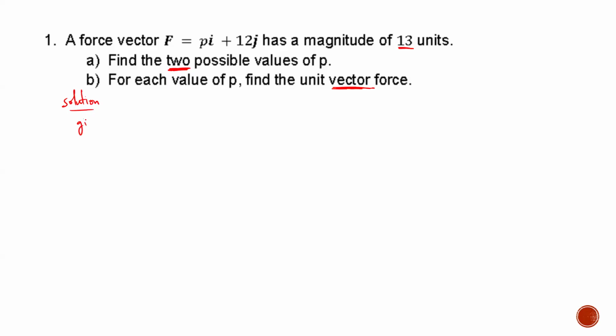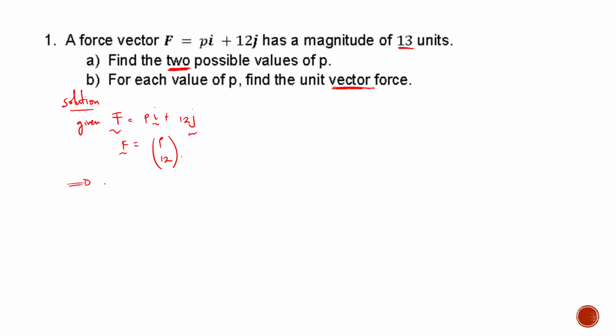We are given that F, our force, is equal to Pi plus 12J. And this can be written as just (P, 12) in the brackets. We have a magnitude of 13. That means if I find the magnitude of F, then I can equate it to 13.